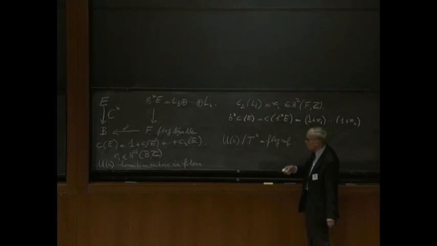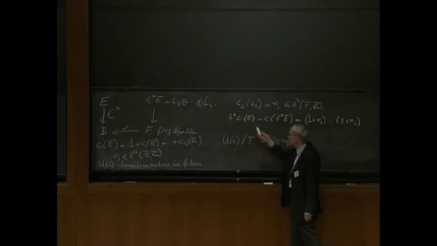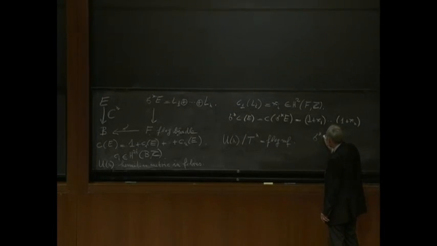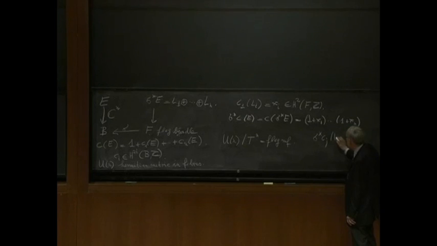So whether to know C of E or whether to know sigma star C of E, this is equivalent. And suddenly the j-th Chern class of the bundle E lifted becomes the j-th elementary symmetric function in the xi.